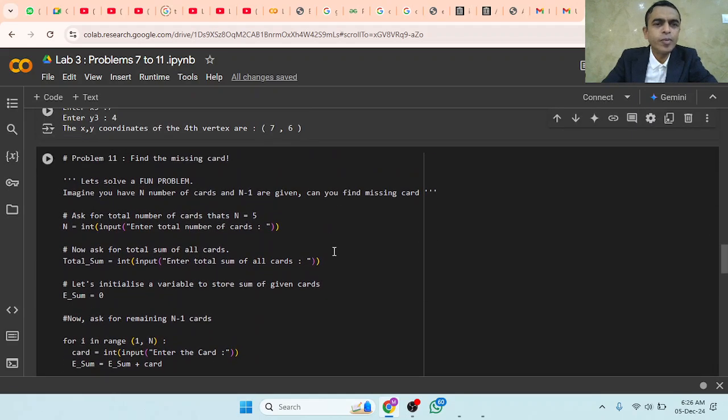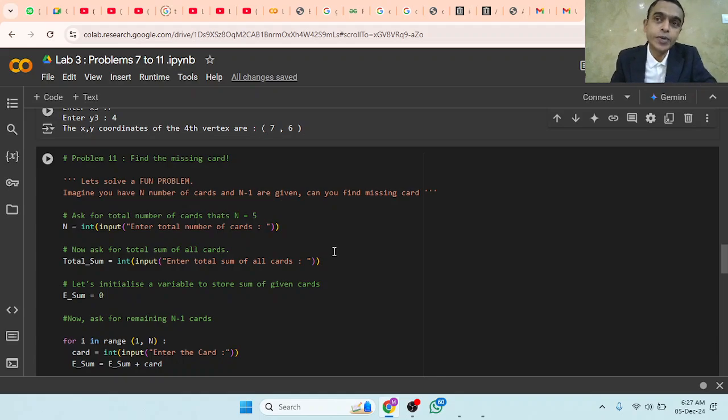The final one, problem 11. Now this is a simple problem. What this problem is, we want to find the missing card. Say somebody has 1000 cards, and on each card is written 1, 2, 3; the number 3 is on some 200 cards, the number 4 is on some 500 cards, the number 1 is on 20 cards, and he has such 1000 cards and he lost one card.